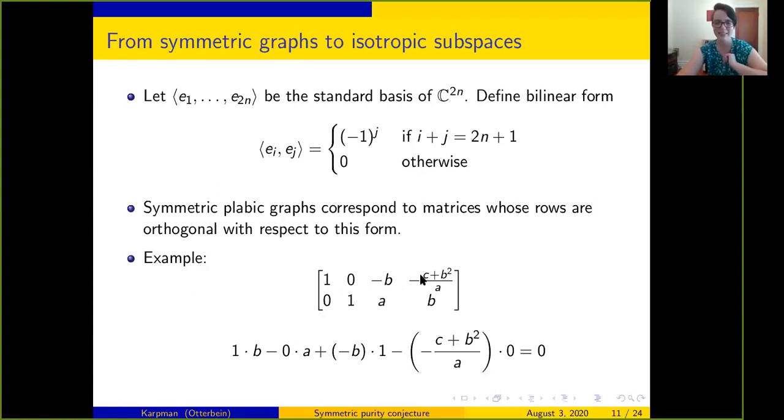A little messy, but this quite clearly boils down to b minus b. So by insisting that the network have a certain symmetry and then imposing some relations on the weights, I was able to restrict to matrices where the rows are orthogonal with respect to this form.